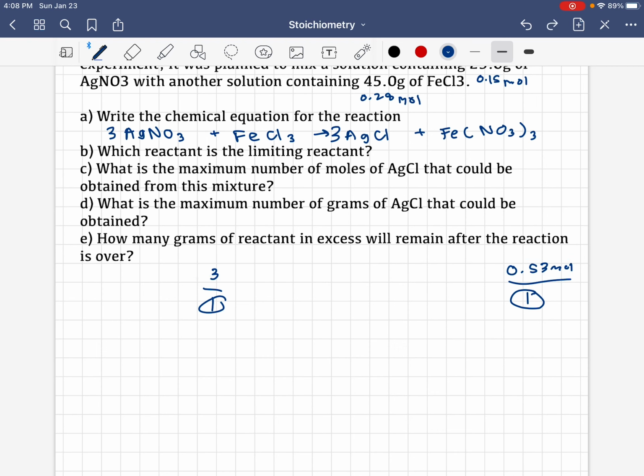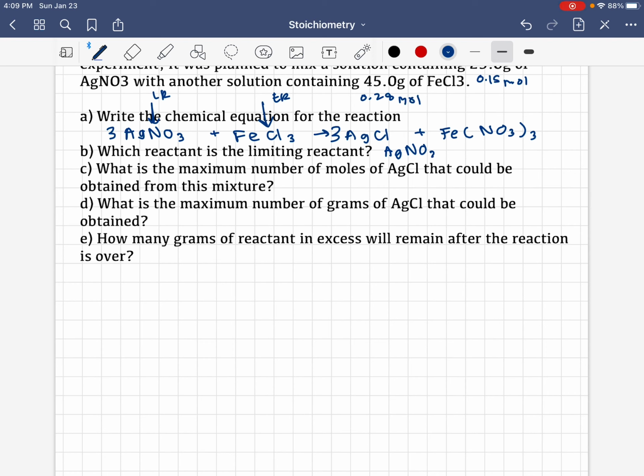So that means that the number on the top we had was AgNO3. So AgNO3 is our limiting reactant, which means this one would be our excess reactant.